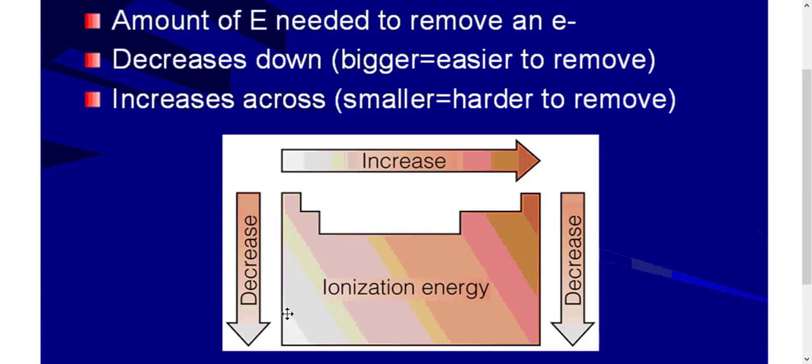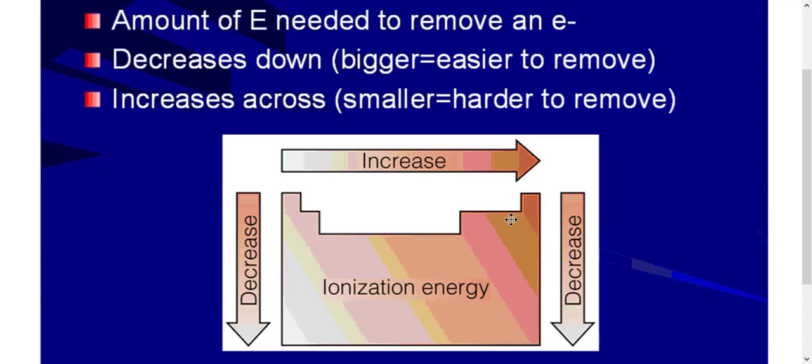So as you go down, yes, there's of course more protons. However, those electrons are super far away. They're further and further away as you go down, and so those electrons don't feel the full pull of the nucleus because electrons in lower energy levels are shielding it. Versus when you go across the periodic table, remember the distance is the same, and so you are only changing the effective nuclear charge, which is increasing from left to right.